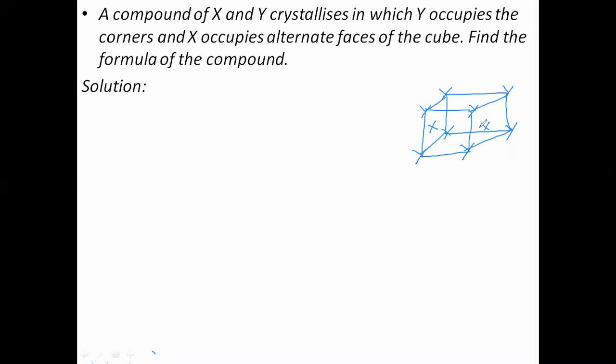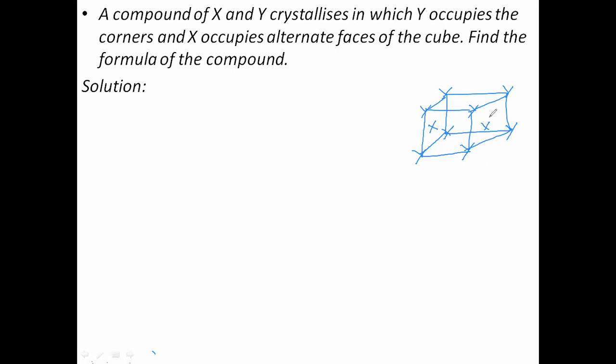So when they say X occupies alternate faces of the cube, you can have only one pair of alternate faces. Remember that. You cannot have all the faces. If you put X on any other face, it will be adjacent to the face where you have already put X. So you can have only one pair of alternate faces. So we are taking left and right.